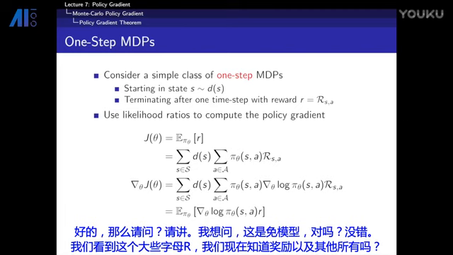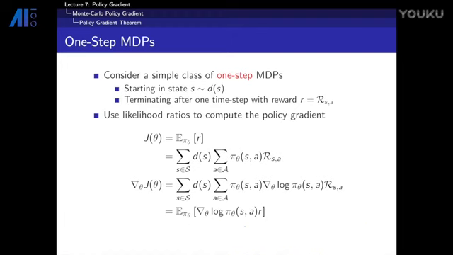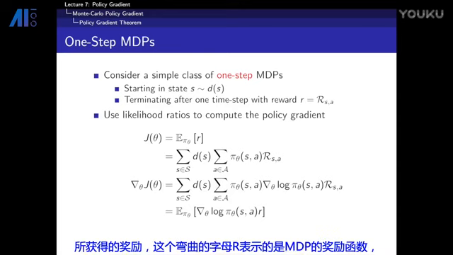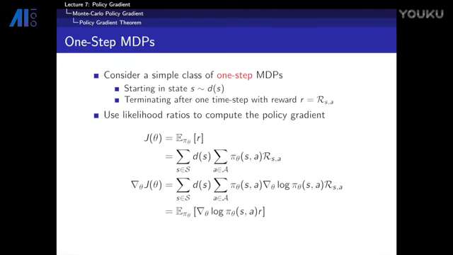So, yes? Can I just ask, this is model 3, right? Yeah. And we have the capital R, which means that we know the rewards and everything. Okay, so notation, this capital R is the random reward, the actual reward that you experience. This curly R is the reward function for the MDP.